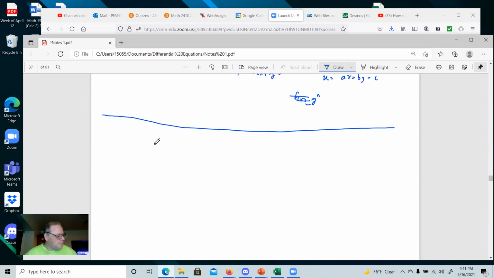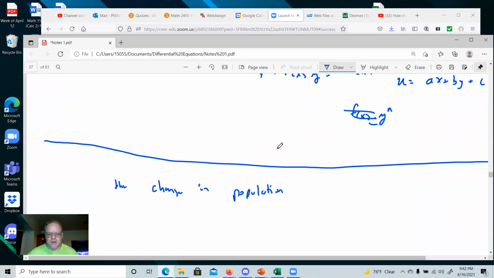Okay. So we talked a little bit about this in chapter 1, and it's really the vocabulary. It's something you have to get used to, where they're going to say something clever like the growth or the change in population. Let's do this so I can write a little bit more clearly.